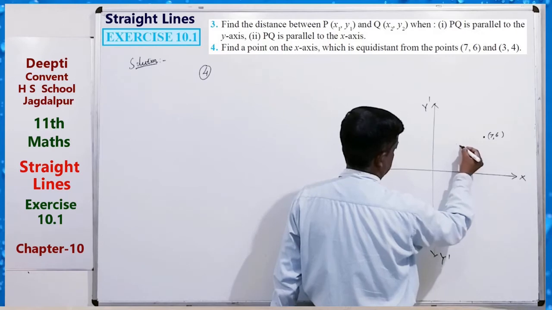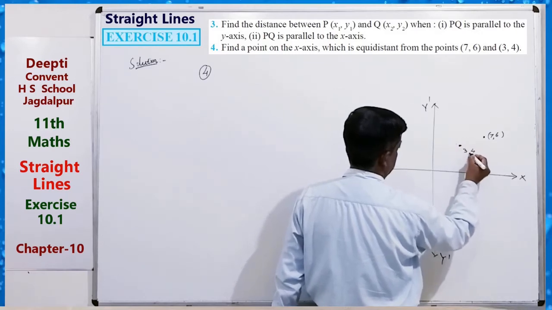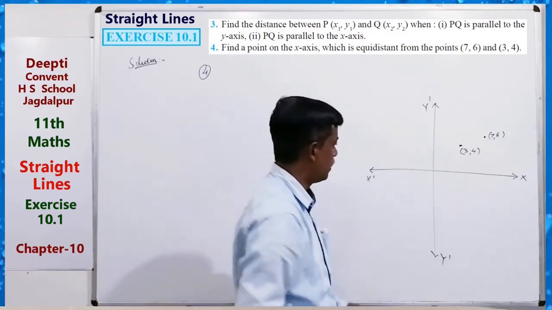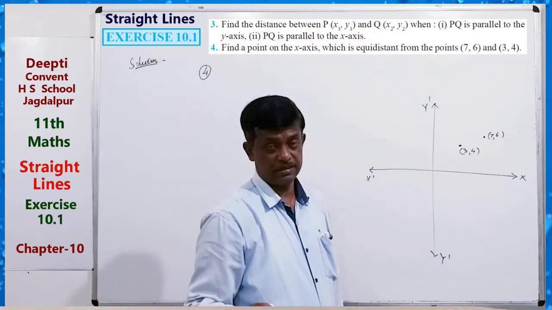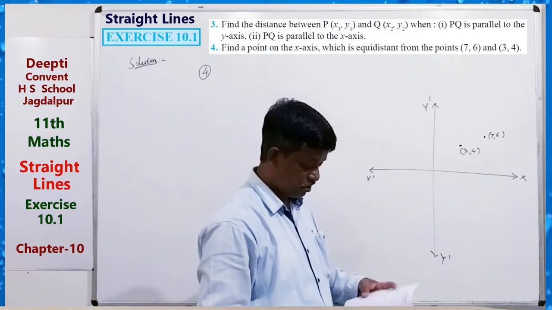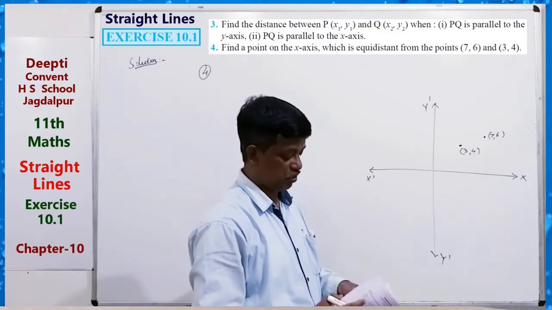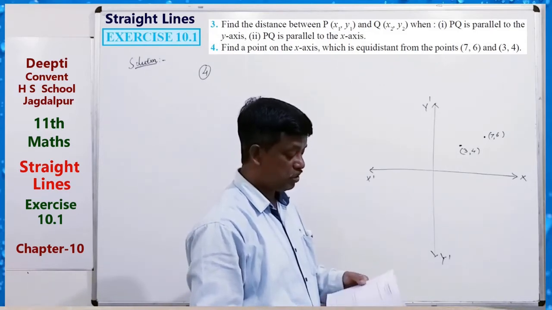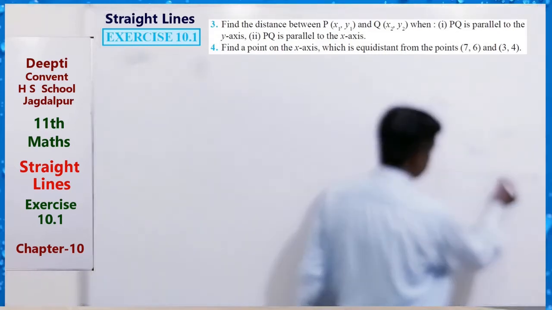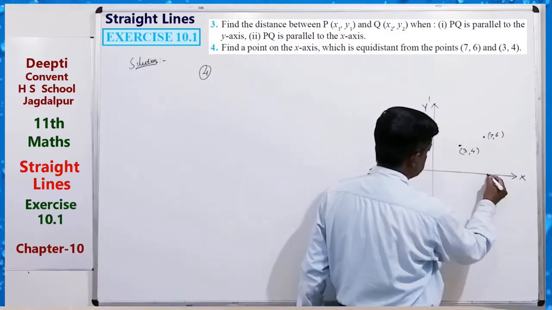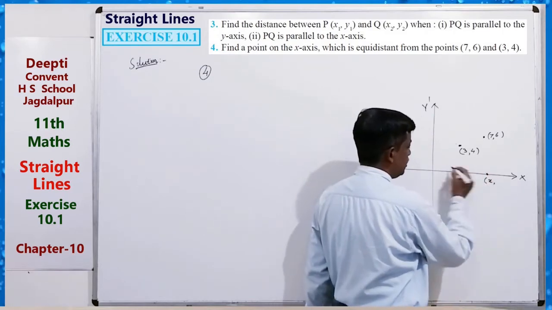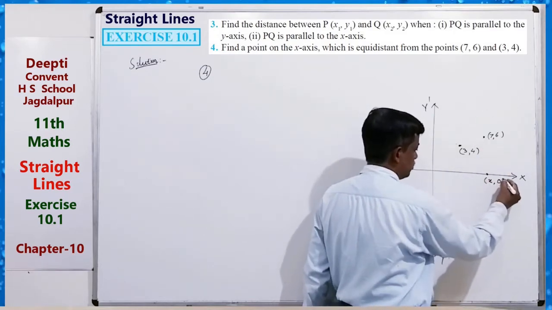This is the 2 points, (7, 6) and (3, 4). Now we need a point on the x-axis which is equidistant from these 2 points. Suppose on the xy plane the value of x is a and the value of y is 0.